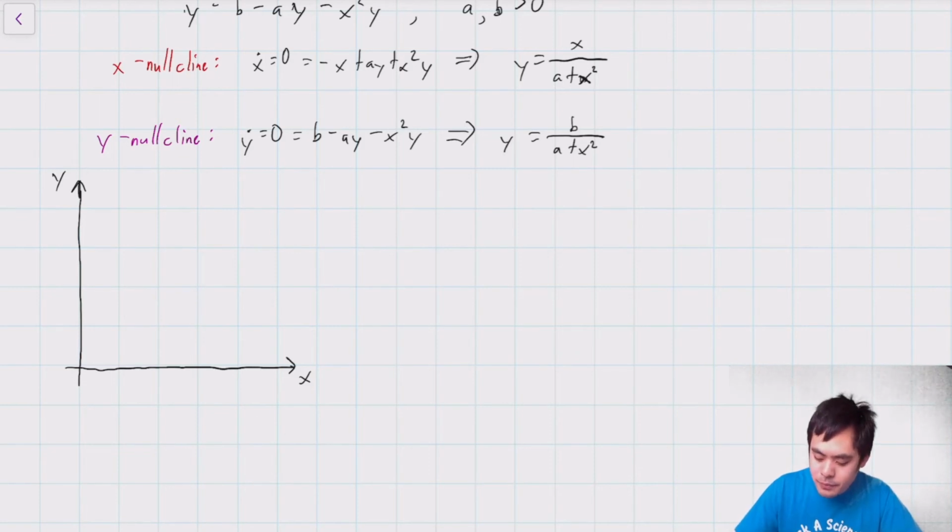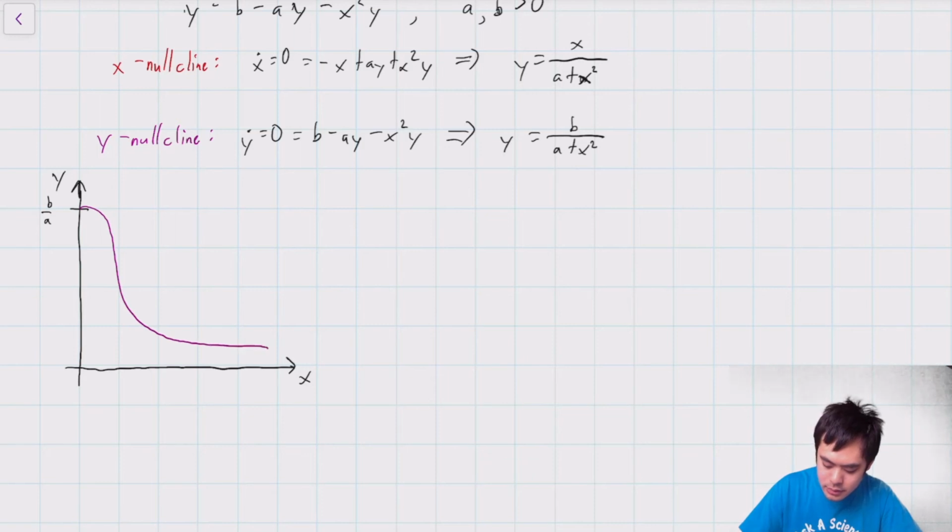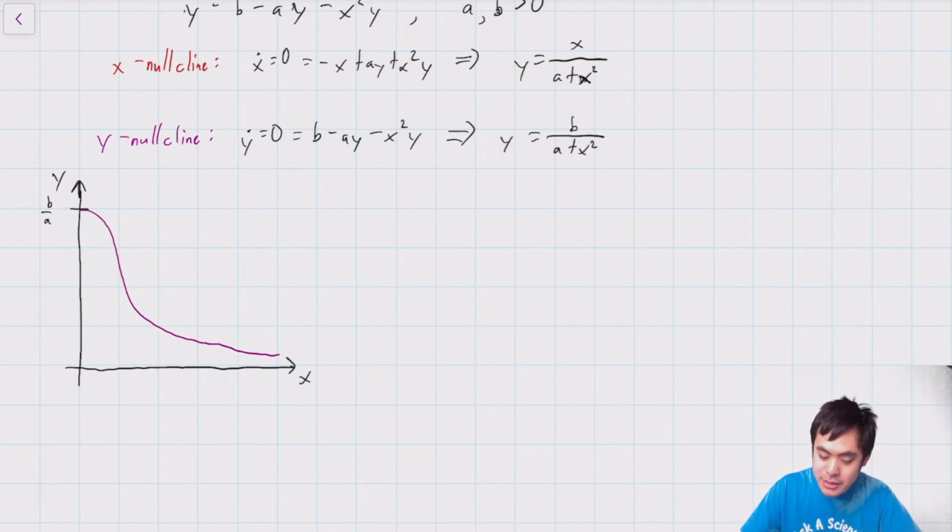Let's say this is b over a. When you graph the x and y nullclines, they look something like this. This was the y nullcline, and let's give you the x nullcline as well. This will depend on the exact values of the constants, but we're just going to draw this out in general.